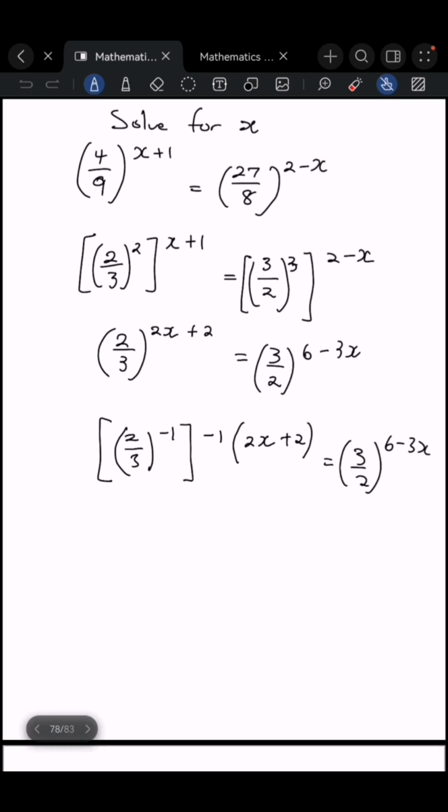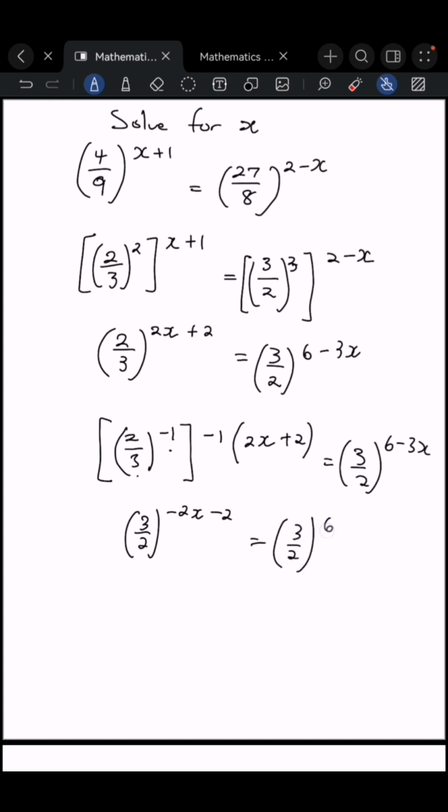This becomes 3 over 2. This raised to the negative 1 becomes 2x minus 2 is equal to 3 over 2 bracket 6 minus 3x.